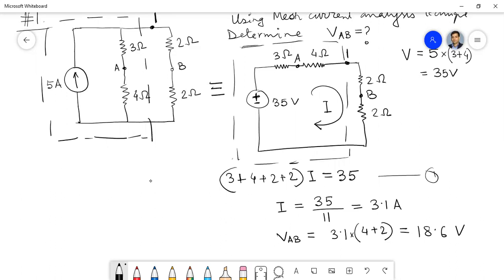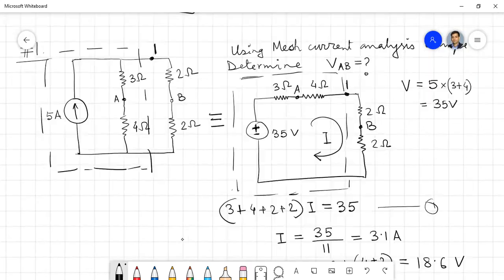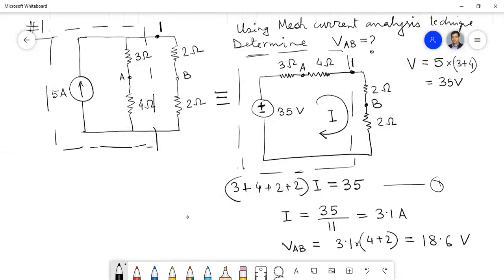Okay, is it clear? If you have any doubt, you can ask me. So this is the loop current or mesh current technique.